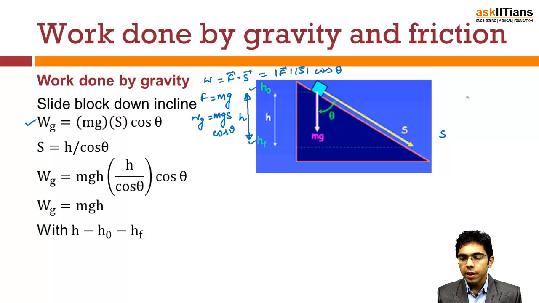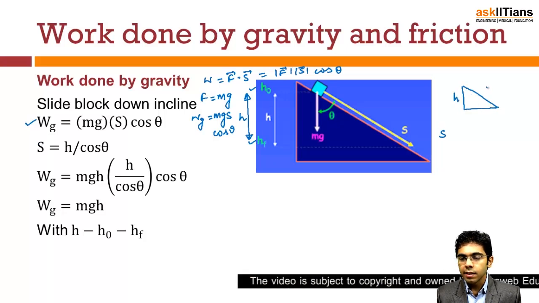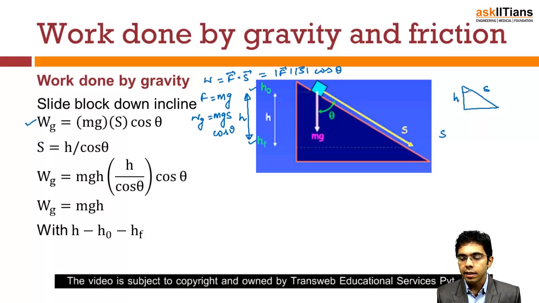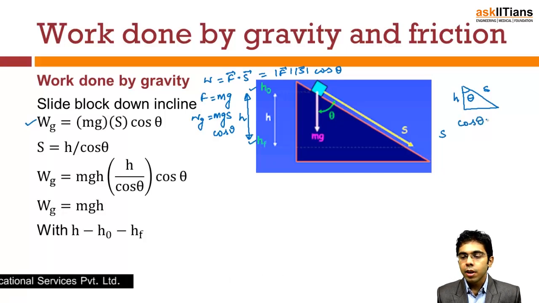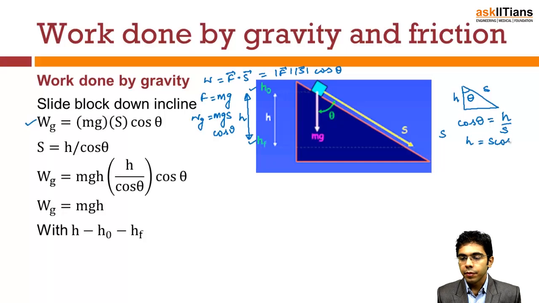Now if we look at the figure, this is the height h, this is the displacement s and this is the angle theta. If we find cos theta, we get h by s. Therefore we get h equals s cos theta.